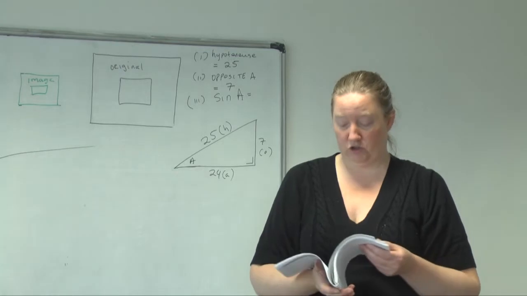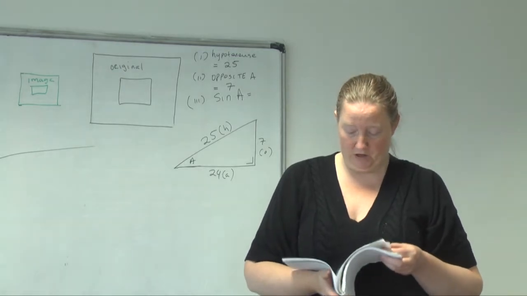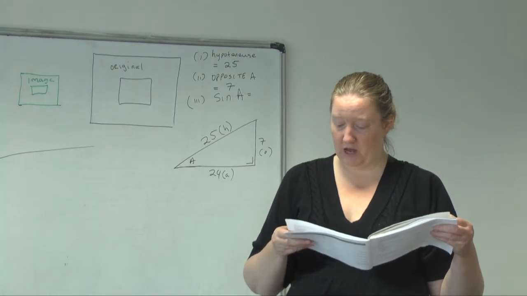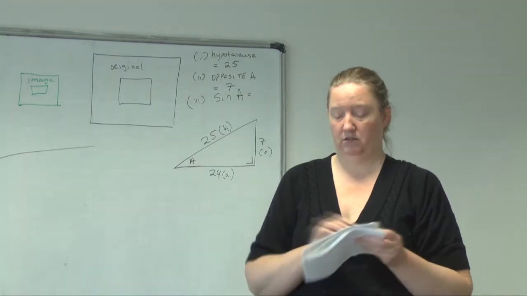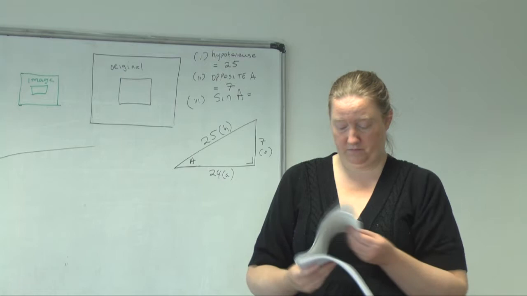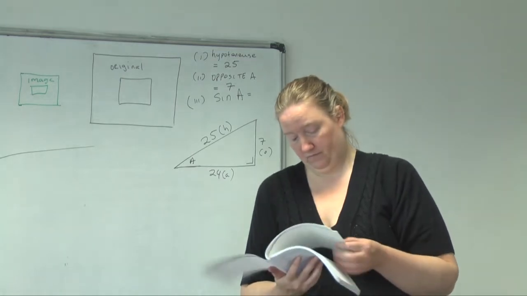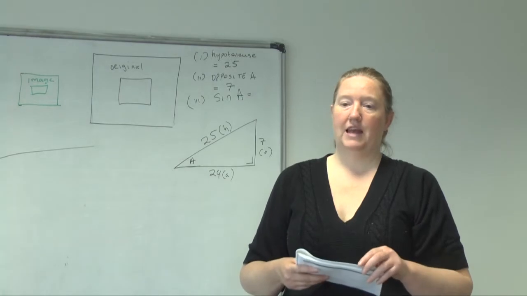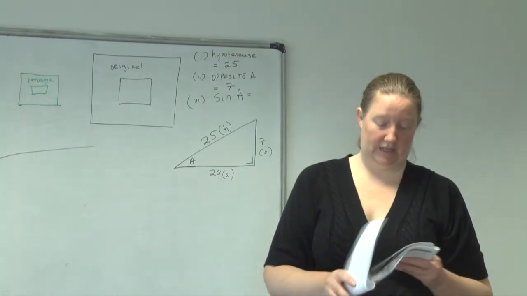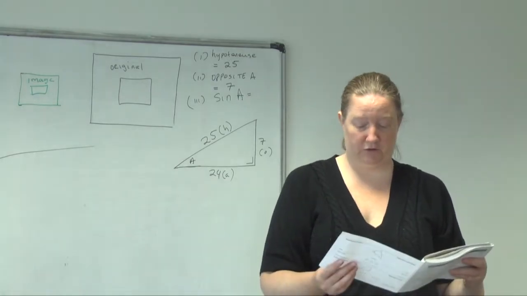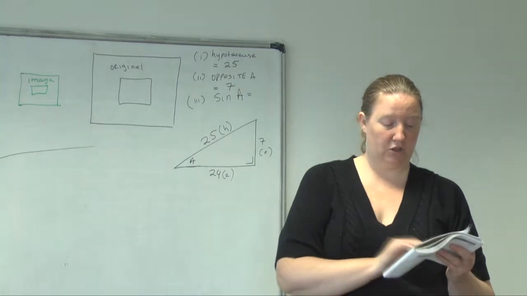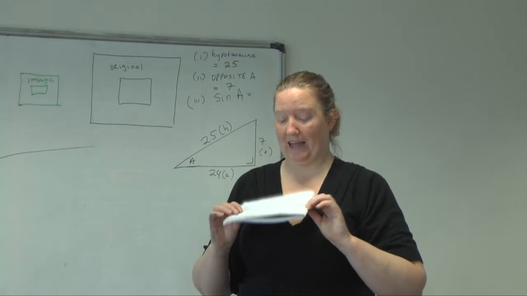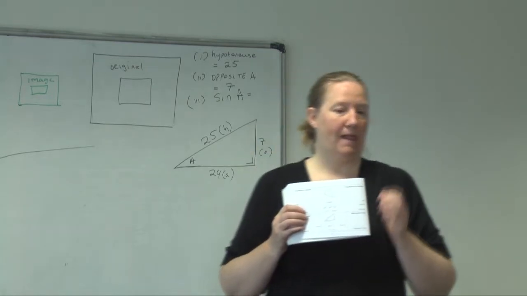This is called trigonometry, which is on page 13. Now you don't actually want 13. 13 is the start of the trigonometry. Where you actually want to go to is the very end, your right angled triangle on page 16. Okay?